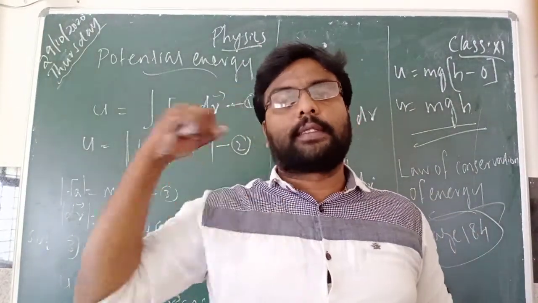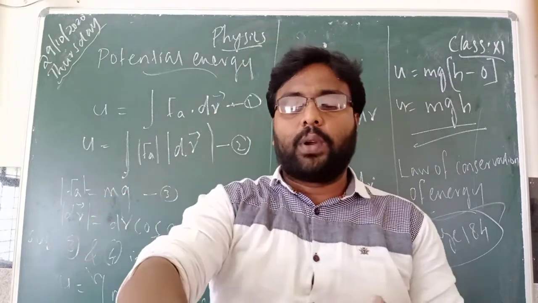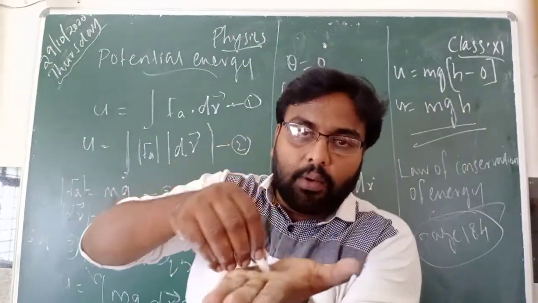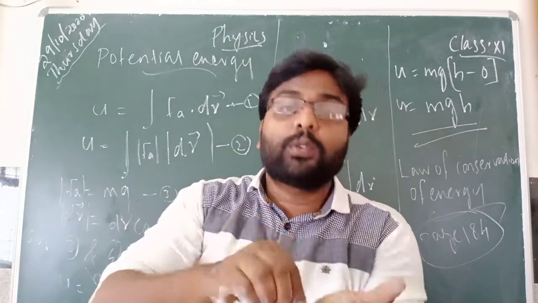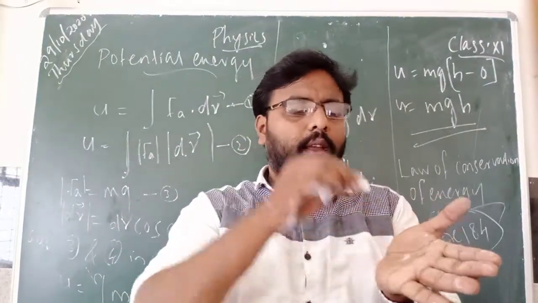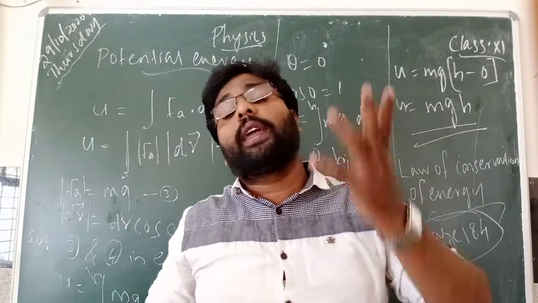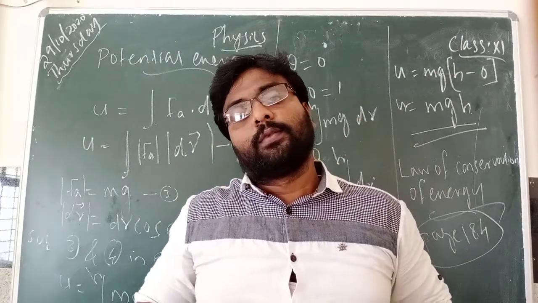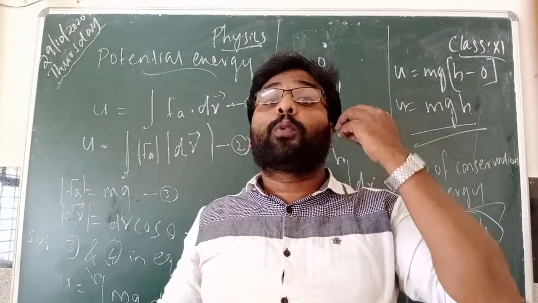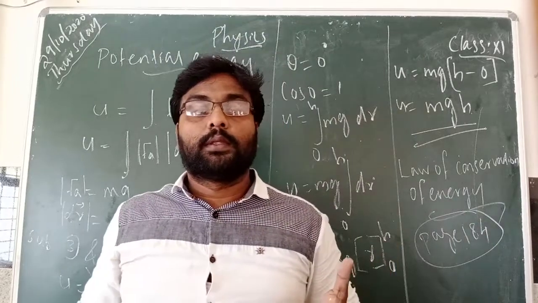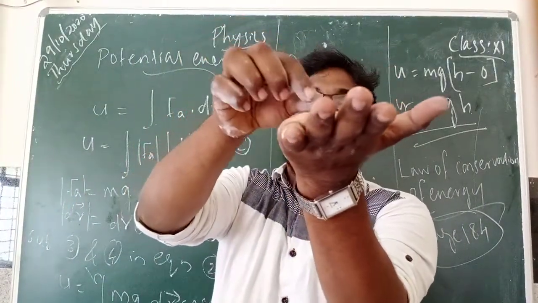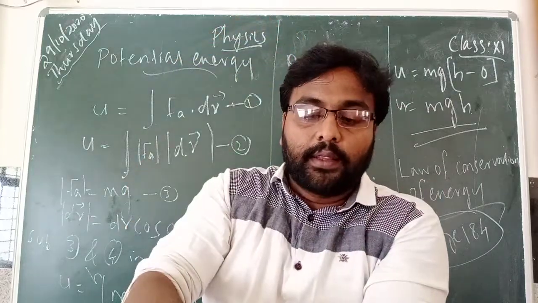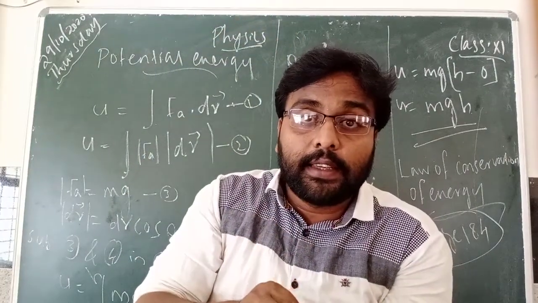Again it is at rest. When it is falling down and hitting the ground, it possesses some other energy. You see, when it hits, it produces some heat. When it hits the ground, it produces some sound. So the initial potential energy, when it is moving, changes to kinetic energy.